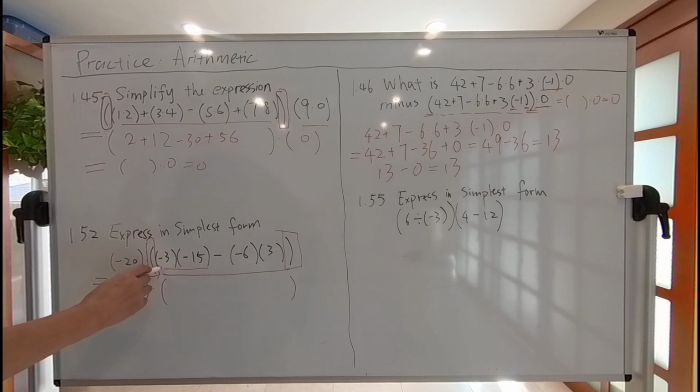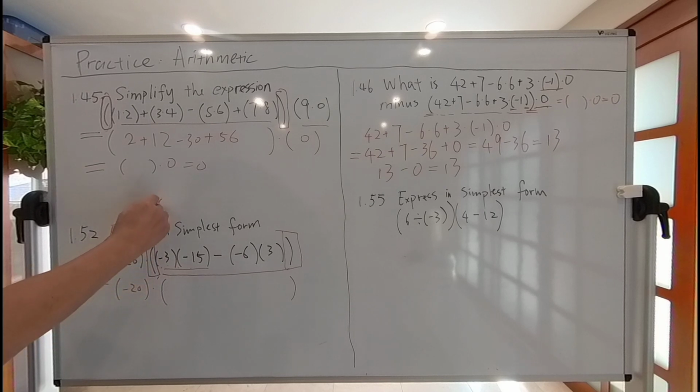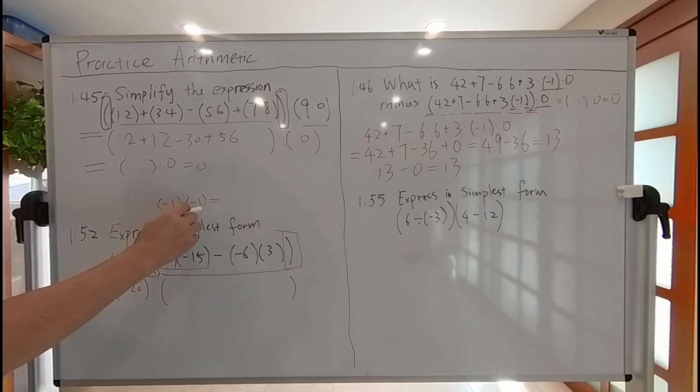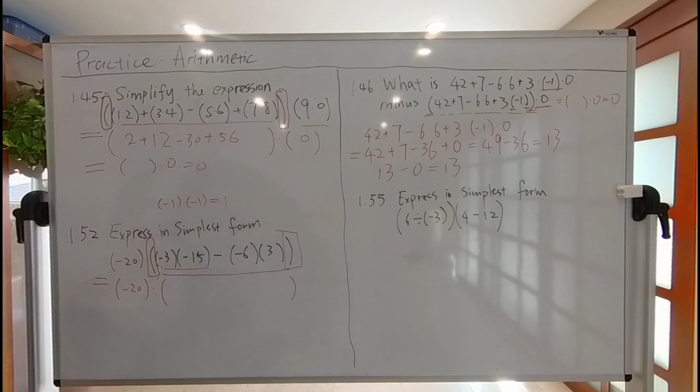For the multiplication of the first two numbers, recall multiplication with multiple signs. If we have a negative number multiplying another negative number, you will get a positive outcome. So minus 3 times minus 15 is equivalent to 3 times 15, which is 45.